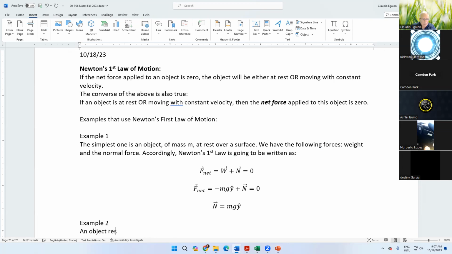An object resting over a horizontal surface, with v equal to 0. An object at rest over a horizontal surface.